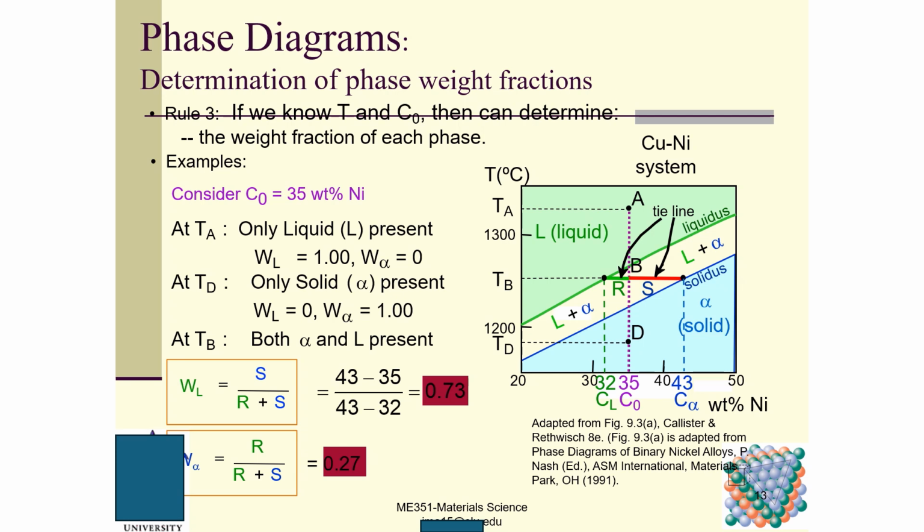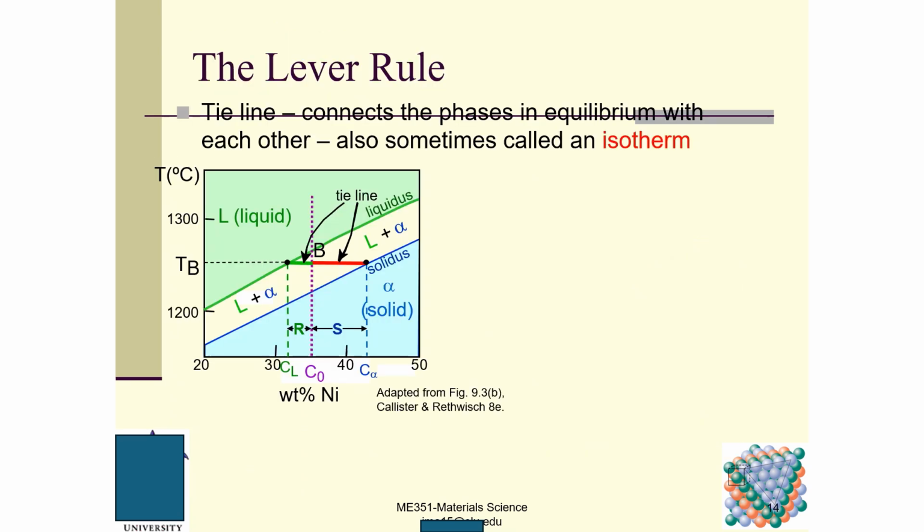The denominator is the same, the numerator is different. Be very, very careful. So this is called the lever rule.